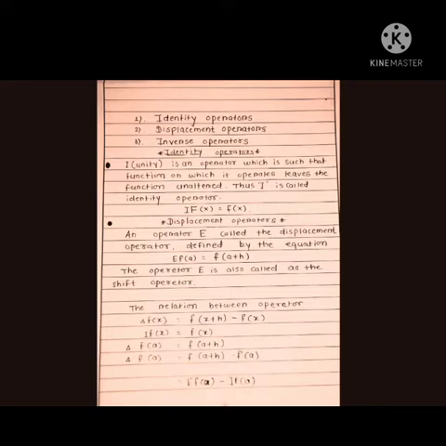The relation between the two operators: delta f(x) = f(x + h) - f(x), I f(x) = f(x), delta f(a) = f(a + h) - f(a) = E f(a) - I f(a).